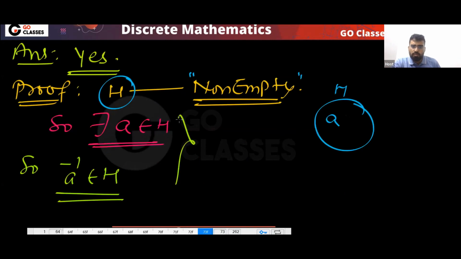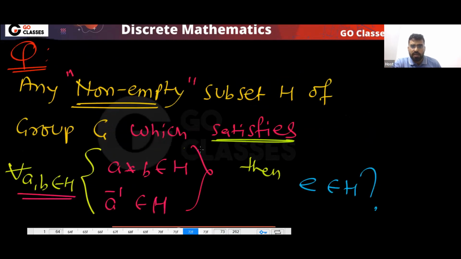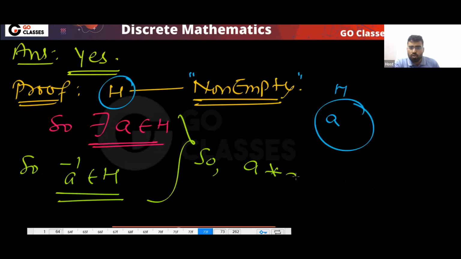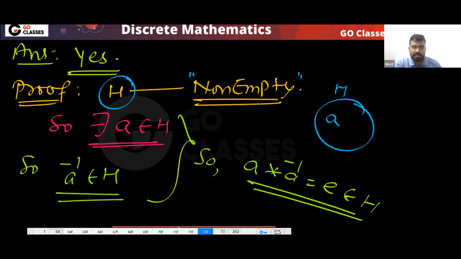Now because of closure property, as H is closed, what can I say? It means E also belongs to H. So that's it. Is this clear?